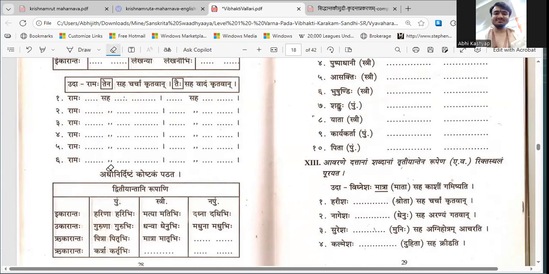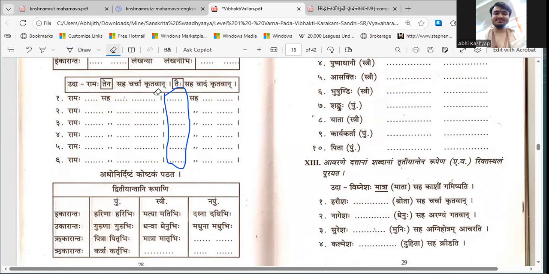Whatever they have given, na kritavan, gatavan, etc., that comes over here. And then the plural, tritiya vibhakti bahuvachana, will come over here. Saha is given by them only. And then whatever they have given, kritavan, na kritavan, gatavan, that will come over here. So that is this exercise.